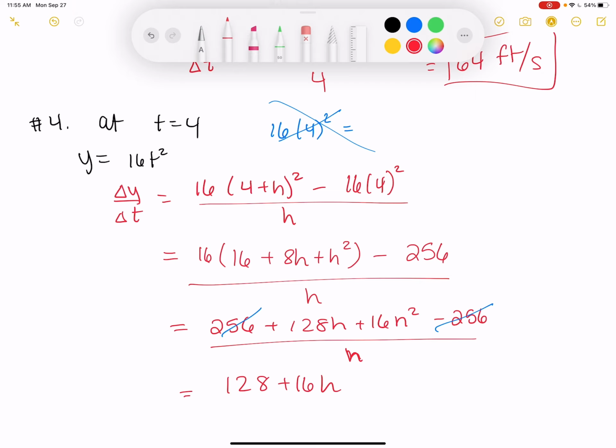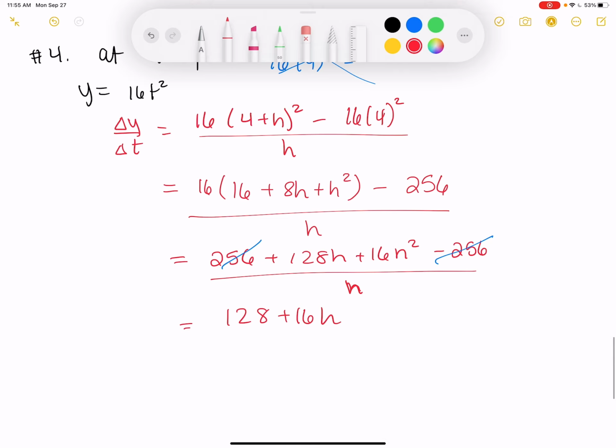Right? Hold on. Oh, yeah, this is right. So now, because I want the instantaneous speed at that time, the limit as h approaches 0 of 128 plus 16h is equal to, any ideas?